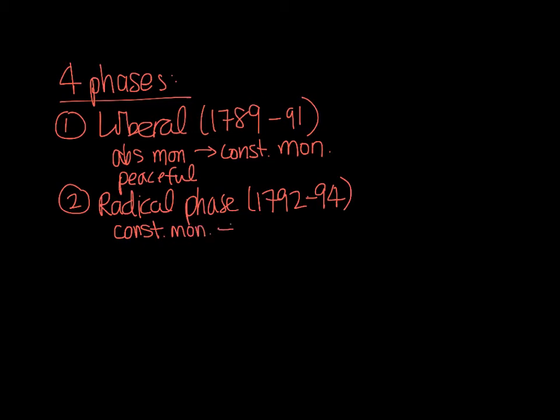So they replaced the king and queen and established a democratic republic. They also moved away from the capitalist reforms established by the liberals in the first phase and implemented a planned economy.